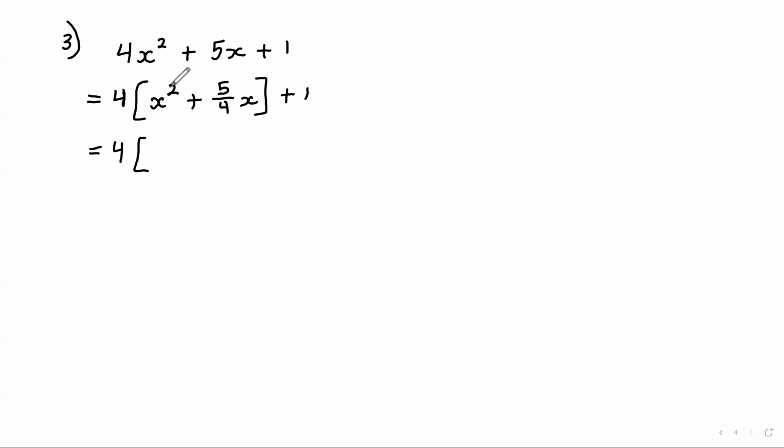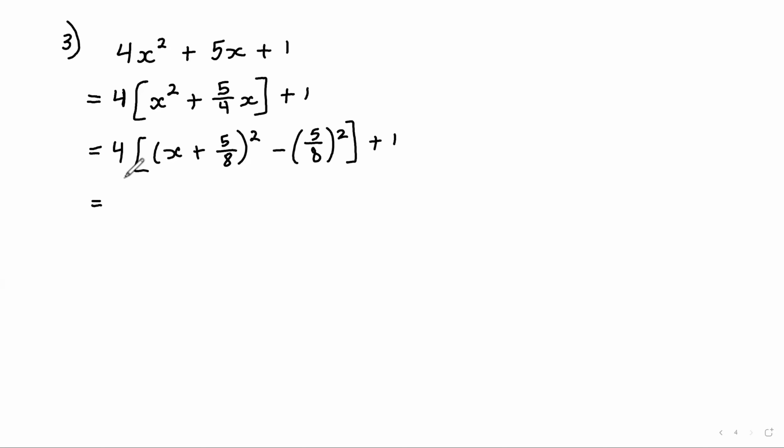I take x, and then I take half of 5 over 4. So half of 5 over 4 would be 5 over 8, all to be squared. And then I minus that 5 over 8 all to be squared. I close my brackets. I add 1 to the outside.